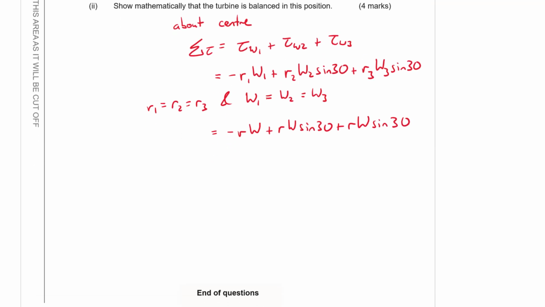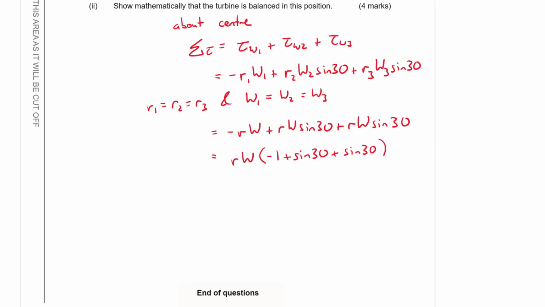Now I've got some W's and R's that I can bring out. So I've got negative 1, plus sine 30 degrees, and another plus sine 30 degrees.